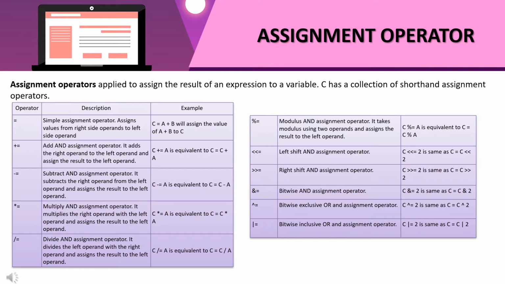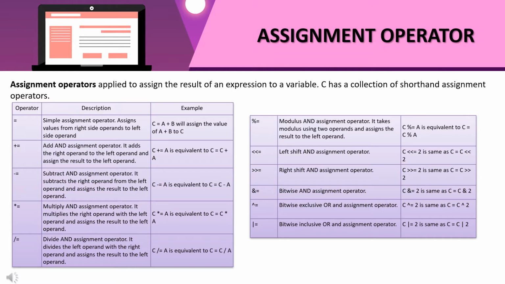So C plus equal to A is equivalent to C equal to C plus A. The next operator is minus equal to, the subtract and assignment operator. It subtracts the right operand from the left operand and assigns the result to the left operand. So C minus equal to A is equivalent to C equal to C minus A.